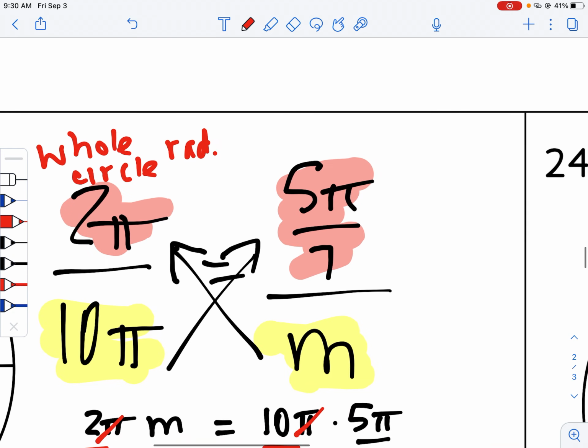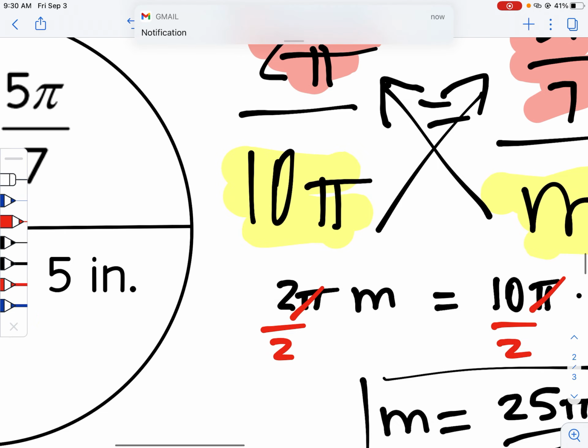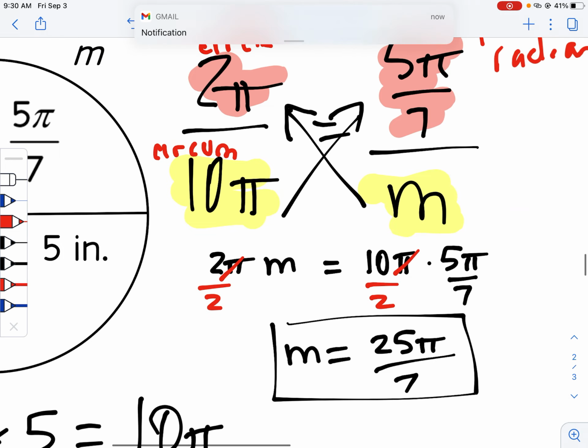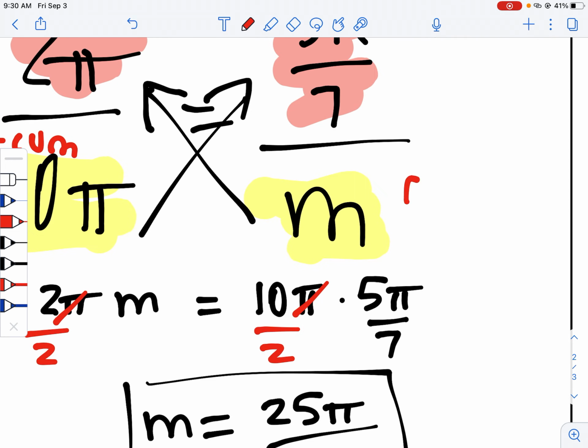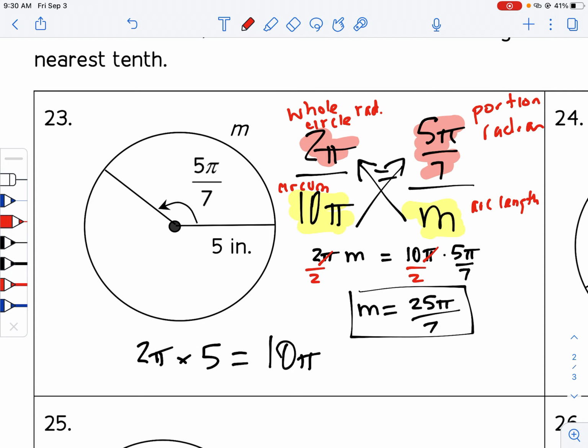This represents the portion that we're looking for in radians. This represents the circumference. And then this represents the arc length we're looking for, or the segment of the whole. So that's what that looks like.